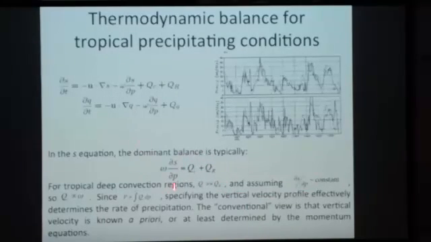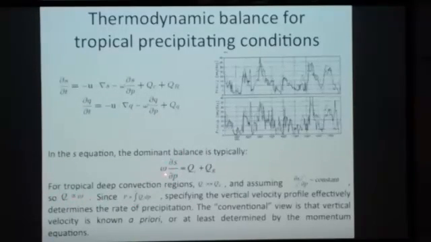If we can make some assumption about the vertical structure of S with respect to P, so that we can think of that derivative as approximately constant, then ignoring Q sub R relative to Q sub C, and thinking about this as just a scale factor, Q sub C is proportional to omega.